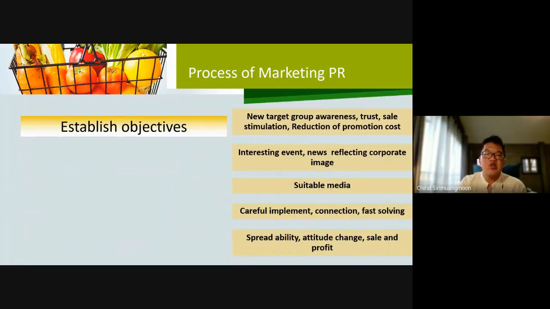Process of marketing PR. At first, you need to know the objectives. If you have a new target group, you make sure that you create awareness. Then make them trust the product or service that you explain. Then sales stimulation, trying to increase sales. Then reduction of promotion cost.